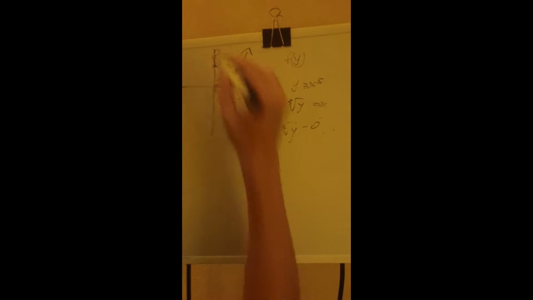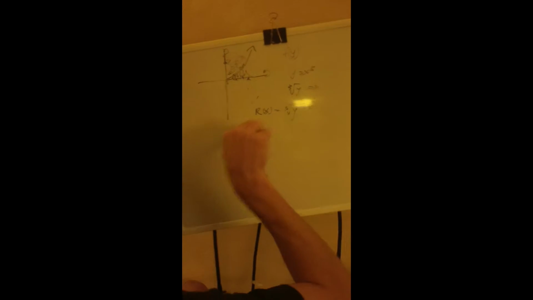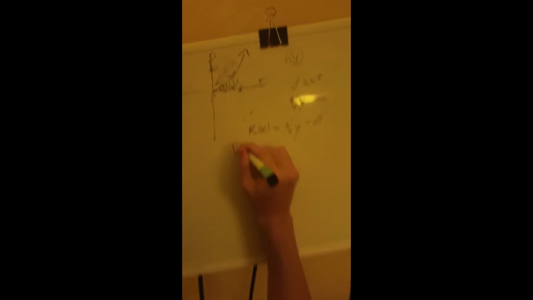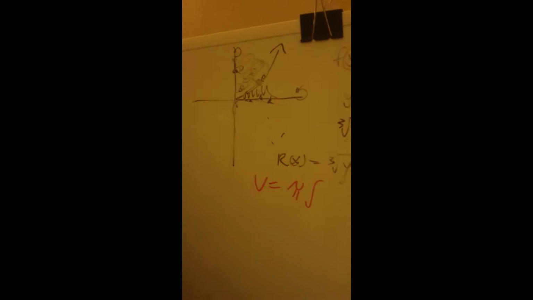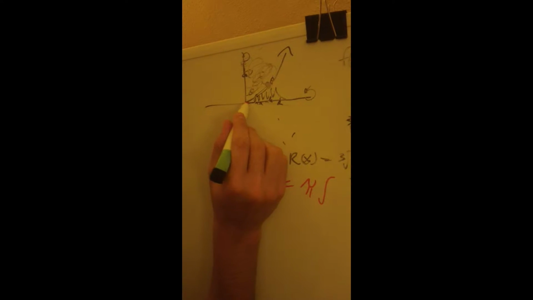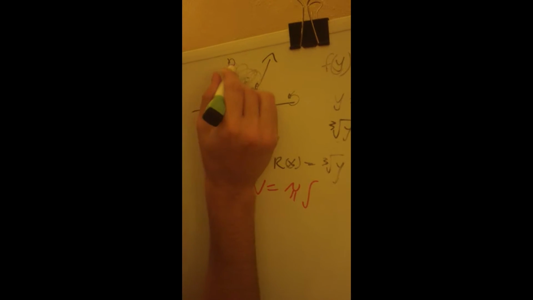But now back to the integration around the y-axis. Let me change pens real quick. The volume is going to equal pi times the integral. Now that you're rotating around the y-axis, the limits of integration become y points.